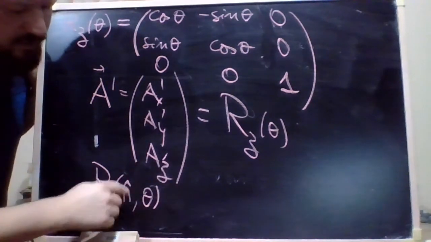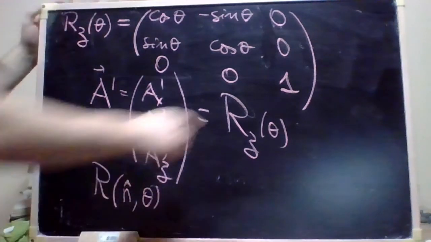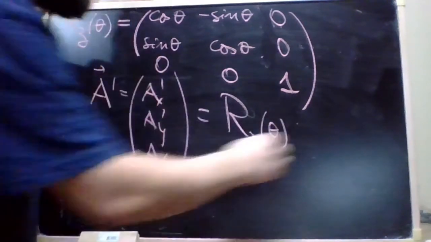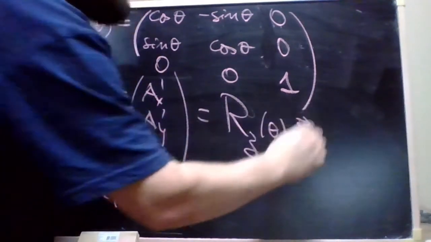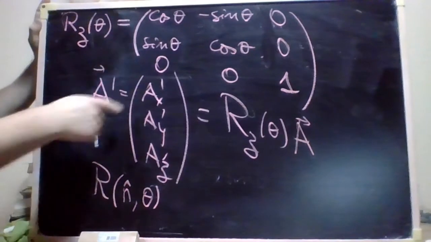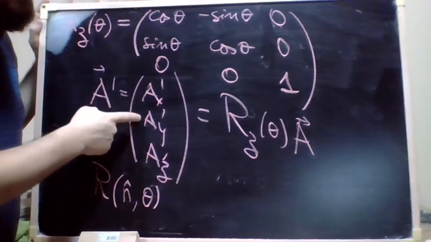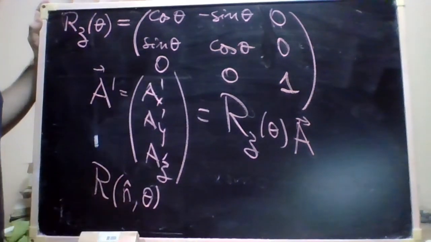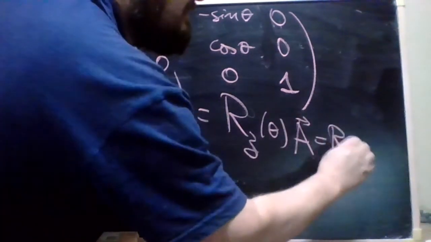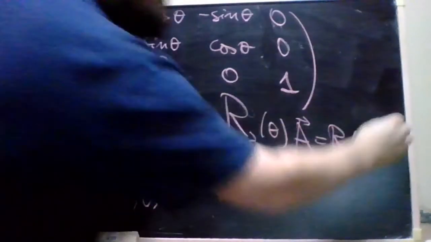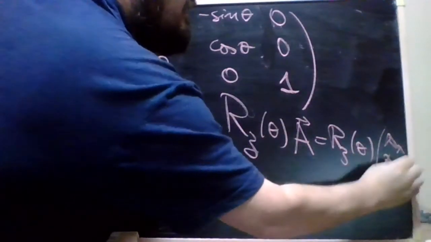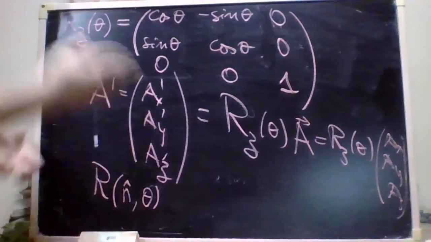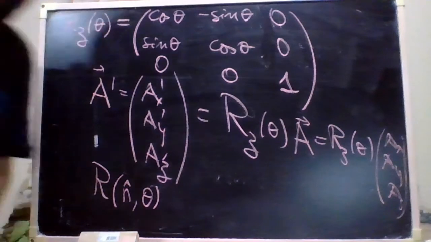So this n here would be the z direction, right? So I'm using this notation right now, and I can apply this matrix to the A vector, and the A vector, the original vector, is the same thing, AX, AY, and AZ, but unprimed. All right, so I could write this matrix applied to this vector here, and you find the previous result we have found here.